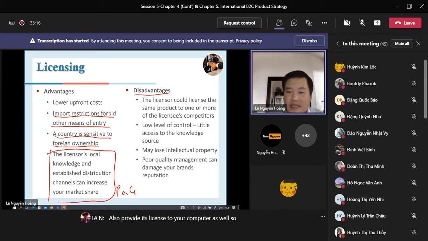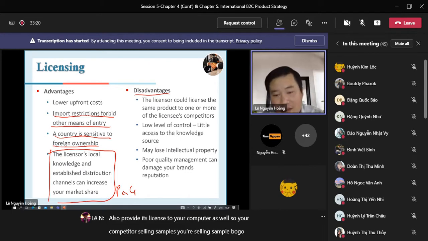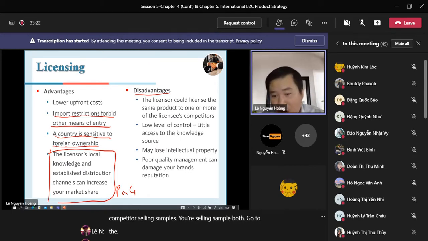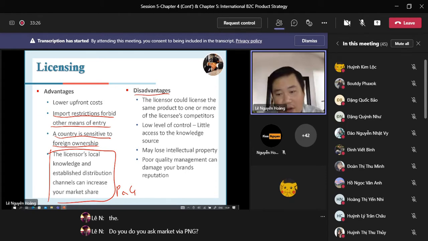So your competitor is selling samples, you're selling samples, both going to the U.S. market via P&G. It's quite normal. It could happen.